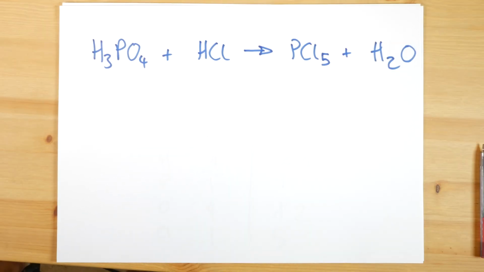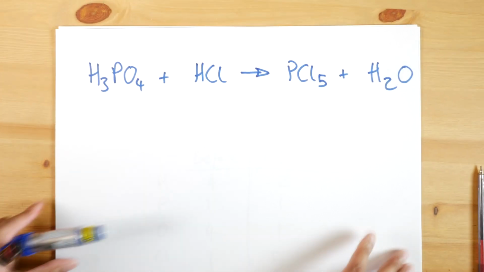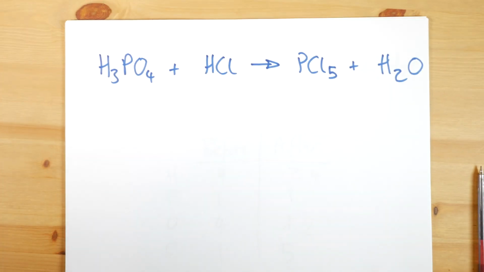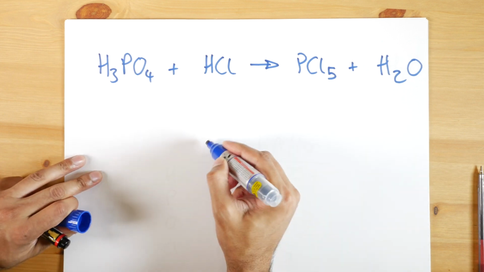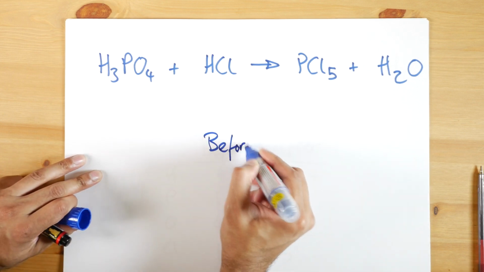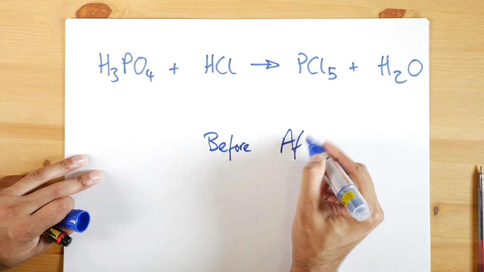Okay, let's try something a little bit more tricky. We've got here H3PO4 plus HCl giving you PCl5 and H2O. Now the main thing is never ever fear. Let's just smash this. All right, you're going to start off the same way that you did with all of the other ones.